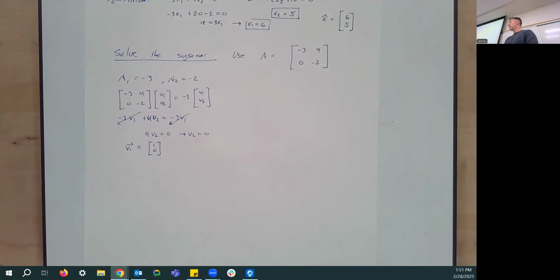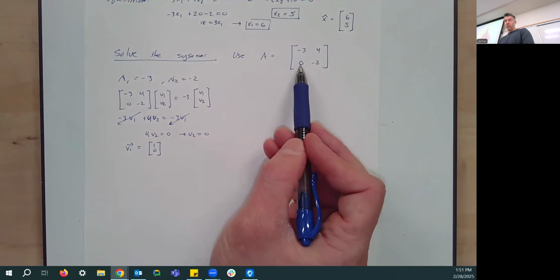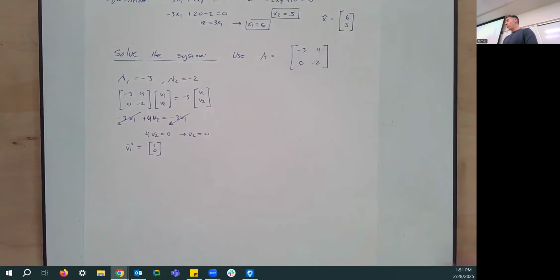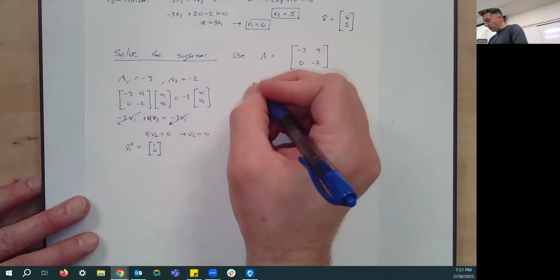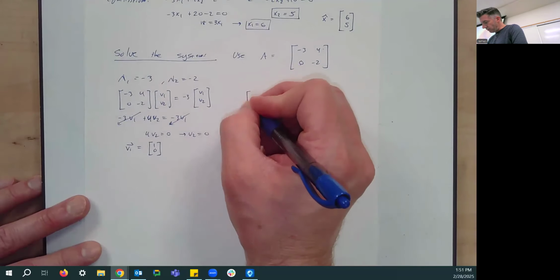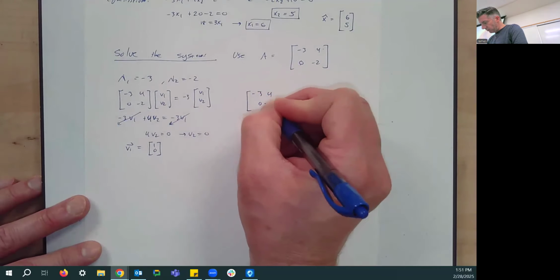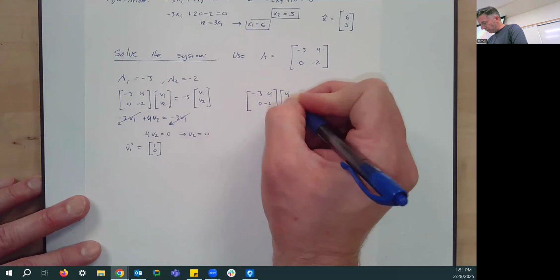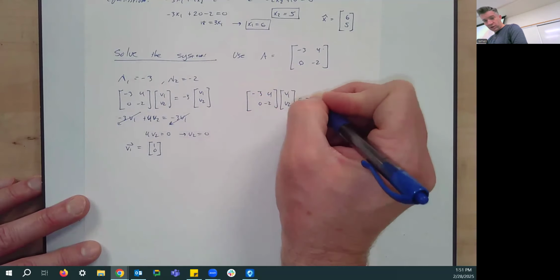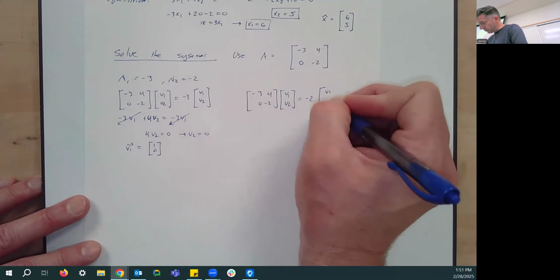That's almost always going to happen when you have one of these 2x2 matrices with a 0 in the lower left corner or the upper right corner: one of your eigenvectors is going to be either 1, 0 or 0, 1. For the other eigenvalue, we have -3, 4, 0, -2 times V1, V2 equal to -2 times V1, V2.